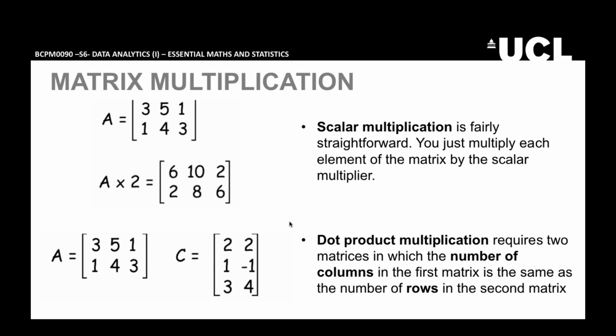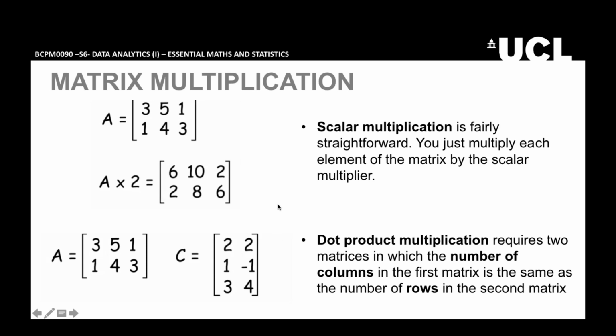Also, we can multiply matrices. The scalar multiplication is quite straightforward because you just need to multiply each element of the matrix by the scalar multiplier. Here you can see in the example A times 2.